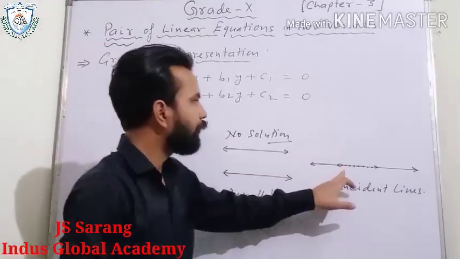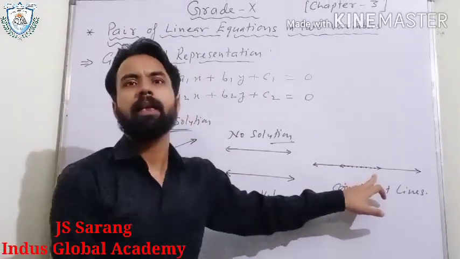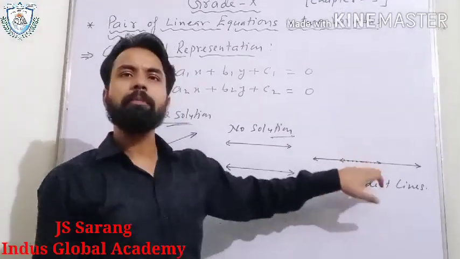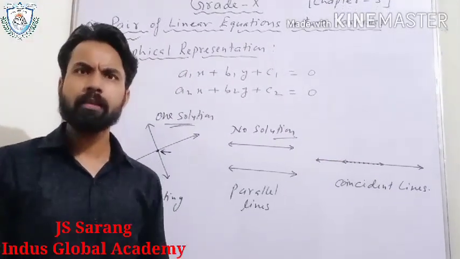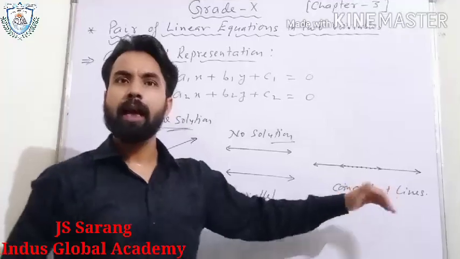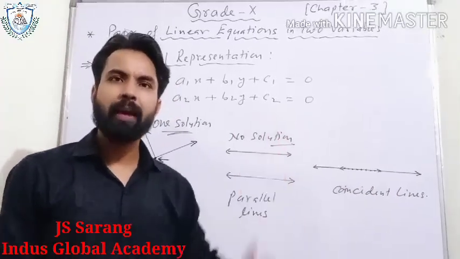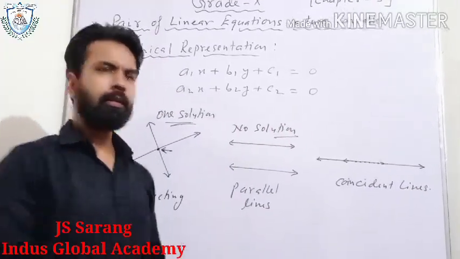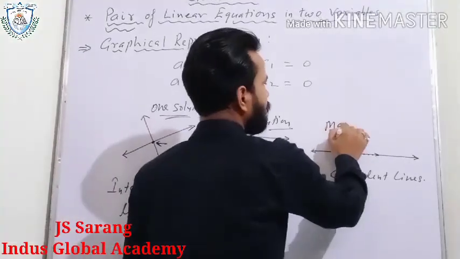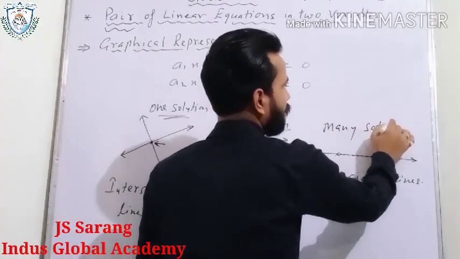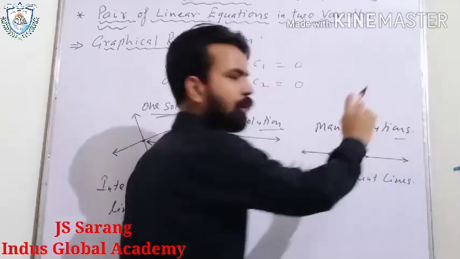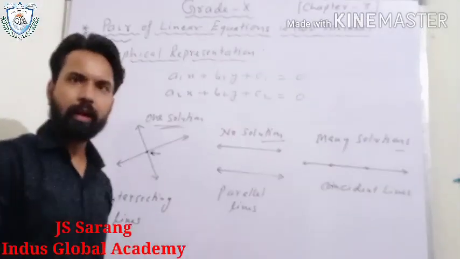If there are infinitely many intersecting points, that means this pair has infinitely many solutions. Understood? So hope it is clear to everyone.